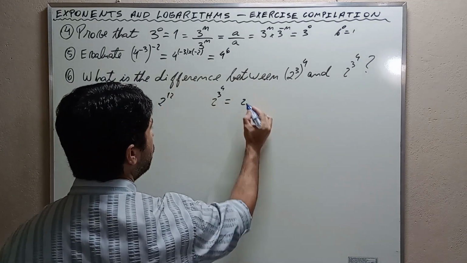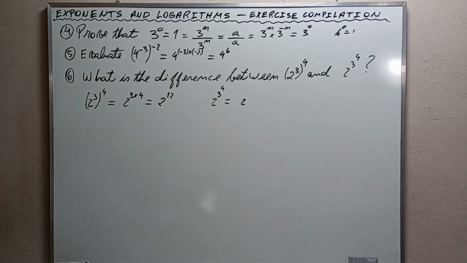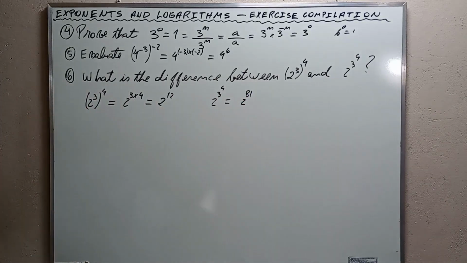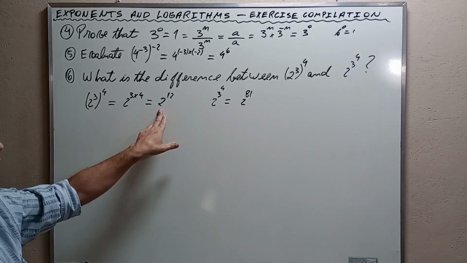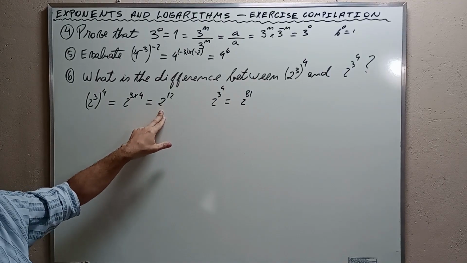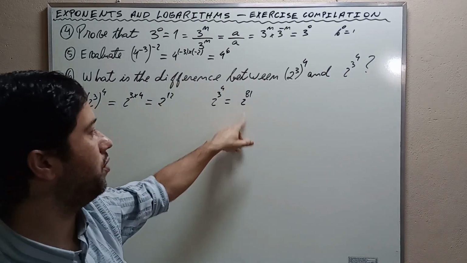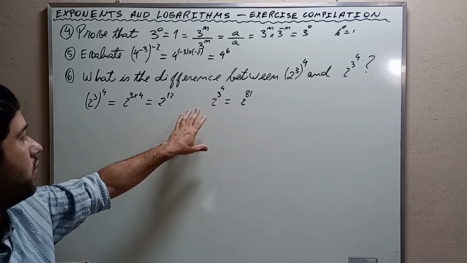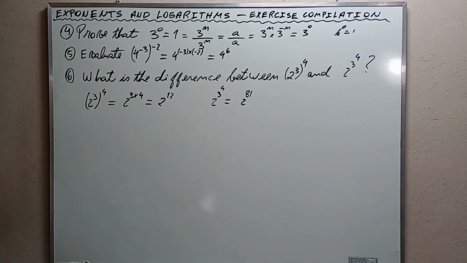Then it is 2, 3 to the 4th is 81. Then it is 2 being raised to the power of 81. Different from this, okay? So this results in 2 to the 12th power, and this results in 2 raised to the power of 81. Alright, my friends, this is the culture that we get from exercise 6. Let's move on to exercise 7.